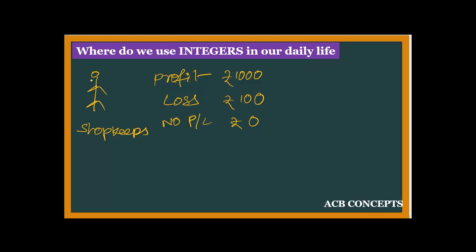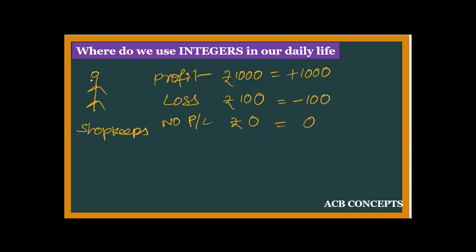Here a profit of 1000 rupees is represented as plus 1000 rupees. A loss of 100 rupees is represented as minus 100, and no profit or loss, that means without sign, is 0. So 0 means no profit, no loss, no positive, no negative. 0 is neither positive nor negative.